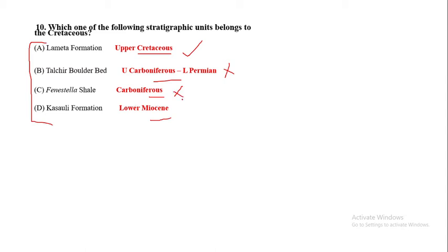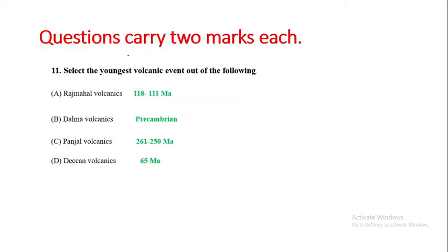Kausali Formation is Lower Miocene, so this is also not correct. So the answer is Lamenda Formation, of Upper Cretaceous age.